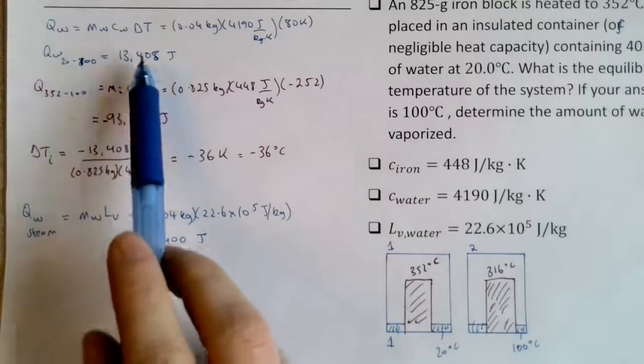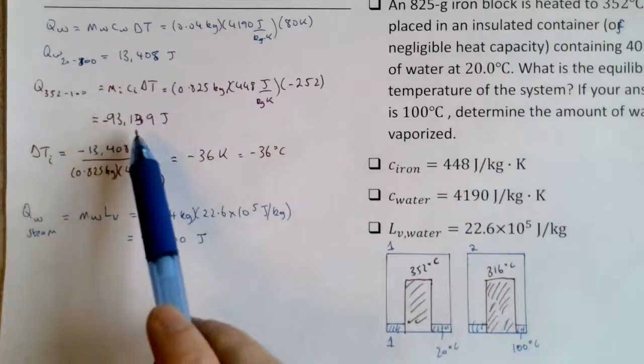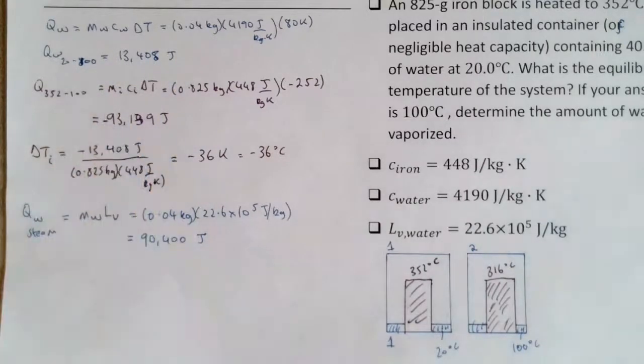So if you take this 13,400 from this much, you end up with roughly 80,000 joules could come out of the block and still have the block at 100 degrees. Now to convert all of the water to steam takes 90,400. So there's not enough energy. Not enough energy can be removed from the block to convert all of the water to steam.